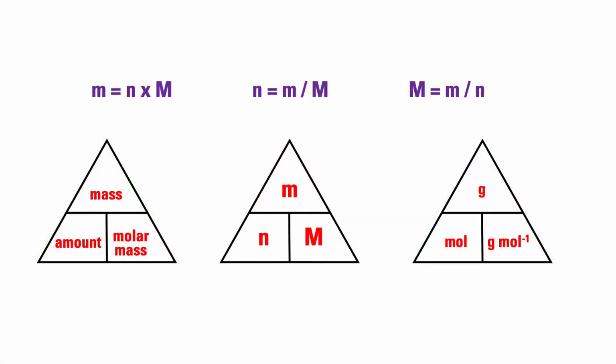It matters to write the unit symbols correctly, right? So g for grams. Moles, the unit symbol is mol, it's not moles. So if we're doing some math and we're writing a number in for an amount, we won't write 1.2 moles. We'll write 1.2 mol.